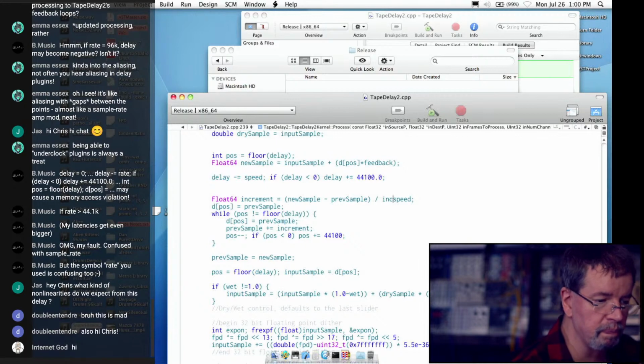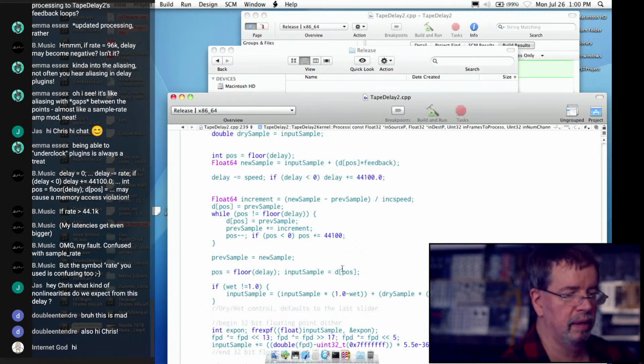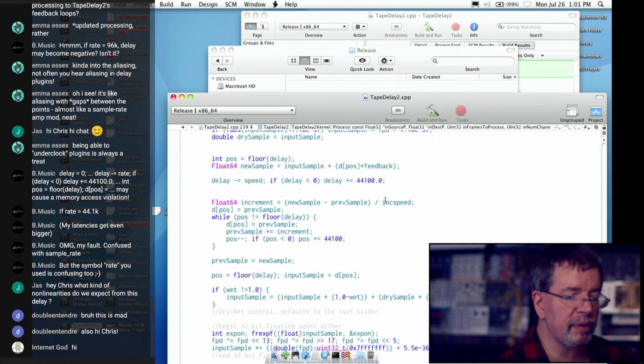So what's going wrong? New sample minus previous sample should give me the amount of difference. Ink speed is limited, and it should give me the amount of distinction.